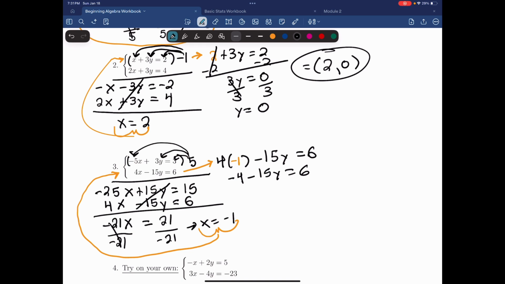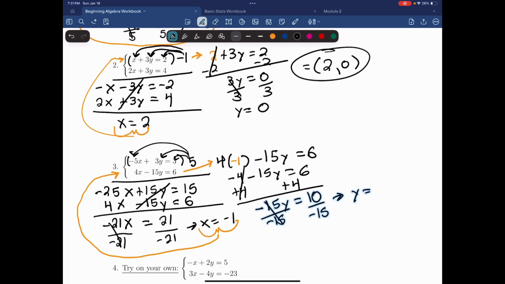And now to solve for y, let's add 4 on both sides. We get negative 15y equals 6 plus 4, which is 10. And now, to solve for y, I'm going to divide by negative 15 on both sides. And I get y equals 10 over negative 15. I can actually simplify that.